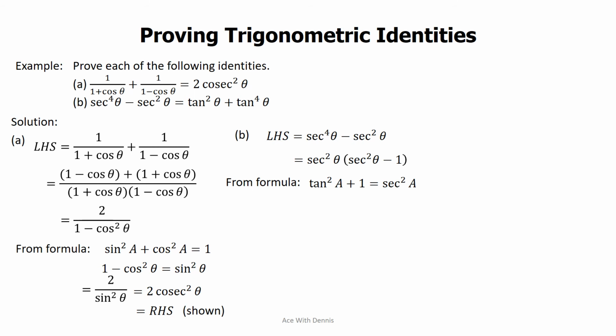From the formula, tangent square A plus 1 equals secant square A. So secant square theta becomes tangent square theta plus 1, then times tangent square theta, and it becomes tangent to the power 4 theta plus tangent square theta. It is equal to the right hand side, and I have proven that the identity for B is true.